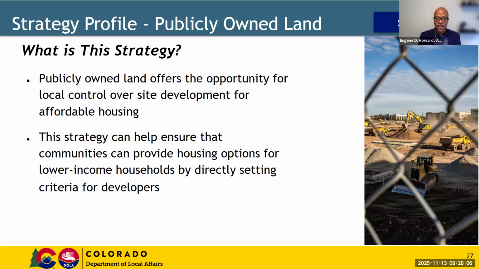So having land in your control that you then can have additional elements or requirements on top of what zoning might also ask for really is just a great opportunity to think about leveraging what you already own and reducing some of the friction as it relates to development because you are the owner of the land. And again, as the standard strategy suggests, this can really help ensure communities have not only housing options and housing choice, but long-term affordability, particularly focused on our lower income and senior residents.